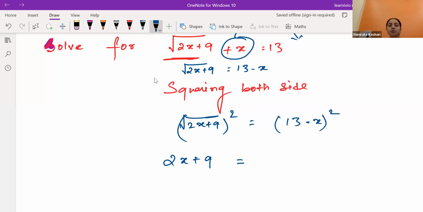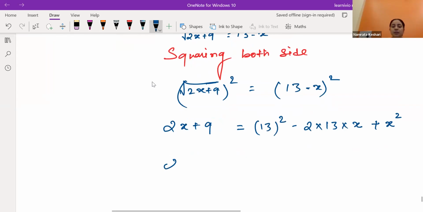And the other side, using the formula of a minus b whole square, that is a square minus 2ab plus b square. So here we'll have 2x plus 9, and on the other side it will be 169 minus 26x plus x square.